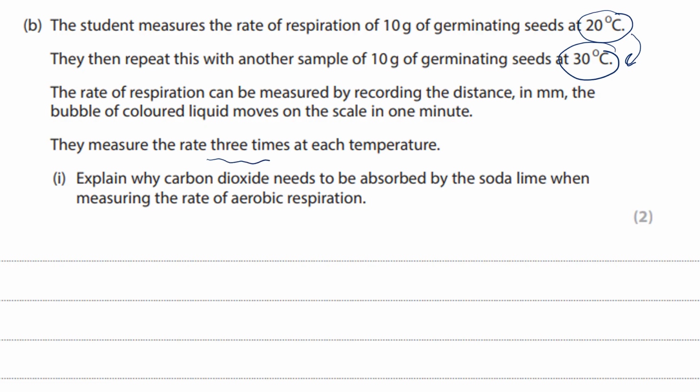Explain why carbon dioxide needs to be absorbed by the soda lime when measuring the rate of aerobic respiration. Okay, so first of all, CO2 gas buildup would cause the bubble to not move.